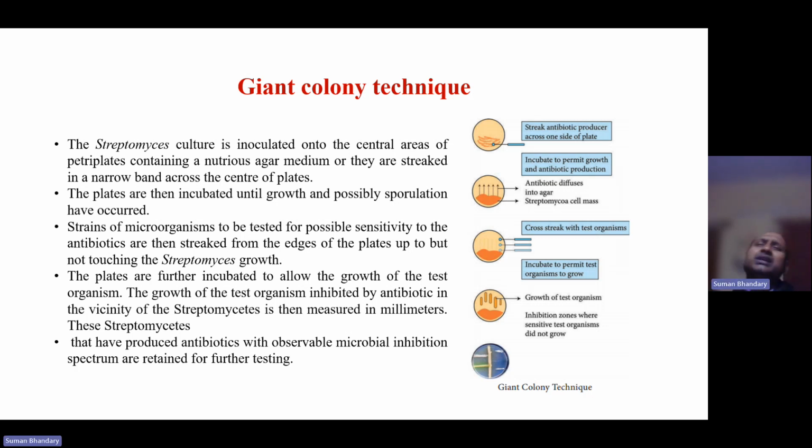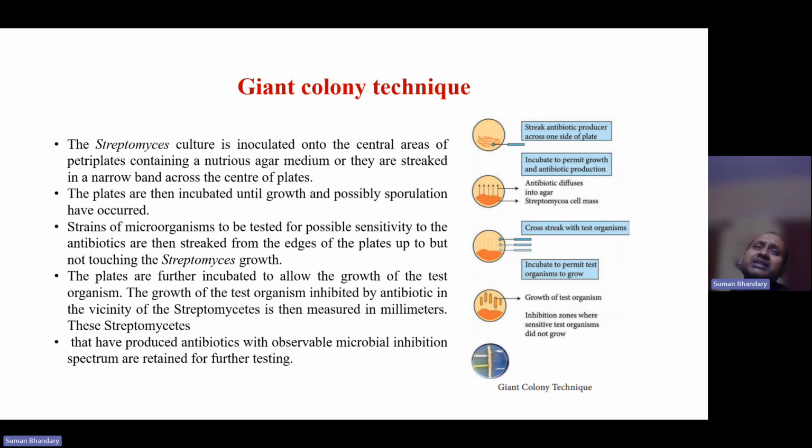Two more methods we can use in the secondary screening approach. The first one is the filtration method and the second one is the liquid medium method. So the filtration method is employed for testing those antibiotics which are poorly soluble in water or do not diffuse through the solid medium.